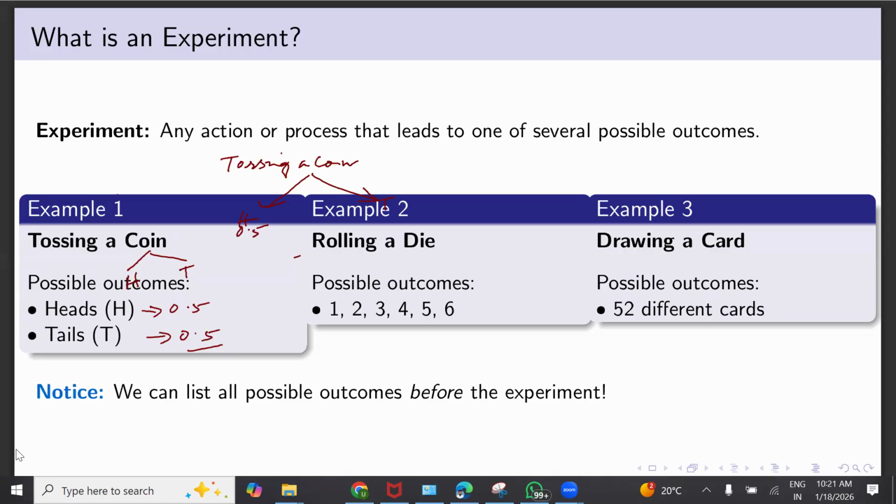Next one is rolling a die. So let me see if anyone wants to.